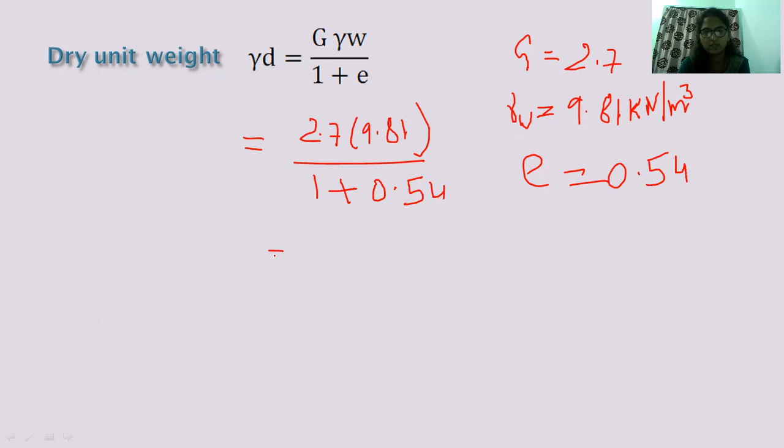The value of dry unit weight is 17.2 kilonewton per meter cube. So gamma d is equal to G gamma w by 1 plus e.